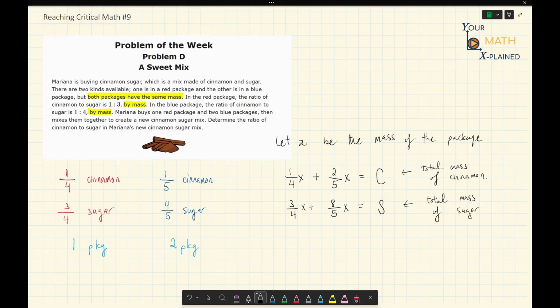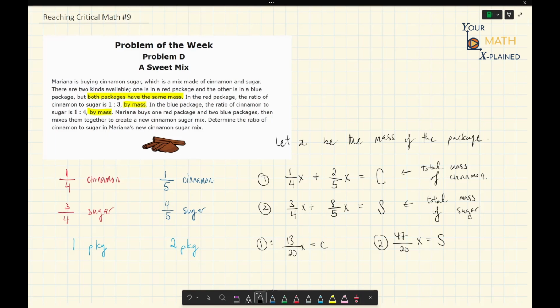Now, if we were to simplify both of these equations, we'll see that equation 1, once we give it a common denominator, would be 5 plus 8 over 20, so that works out to 13 over 20 x equals C. And equation 2, if we give it a common denominator, we'll see it's 15 plus 32, which makes 47 over 20 x equals S. These are the expressions that we've got for the mass of cinnamon and the mass of sugar.